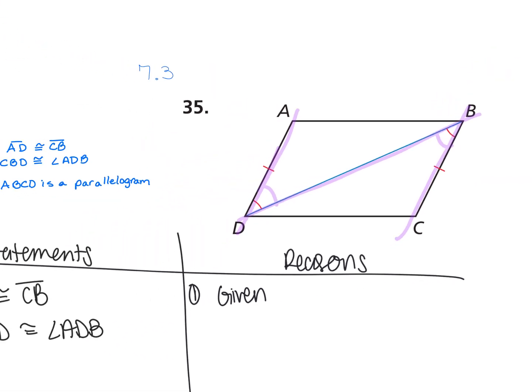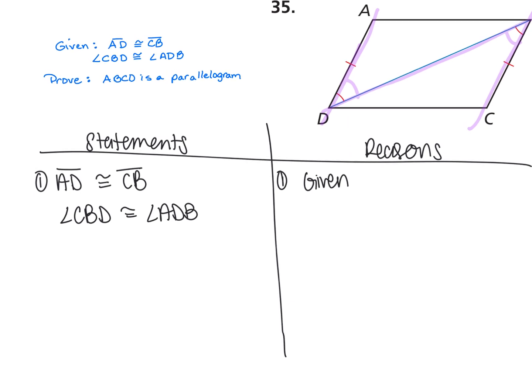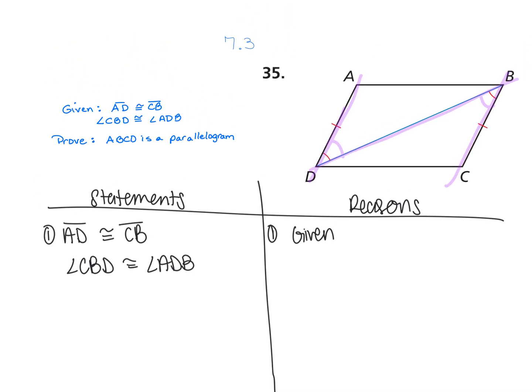So for this one, I am going to have parallel lines. Where are my parallel lines? I'm going to have AD and CB. So AD is parallel to CB by alternate interior angles converse.